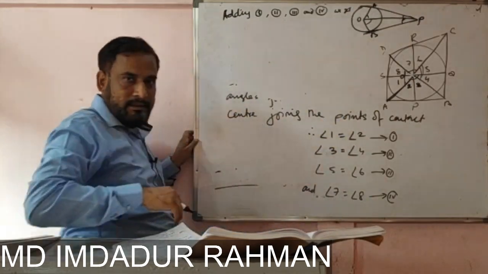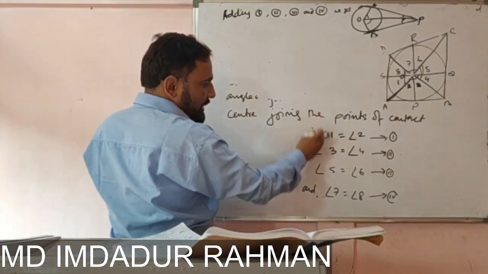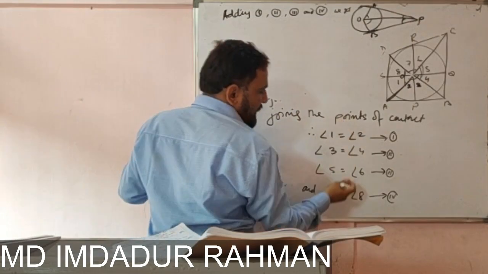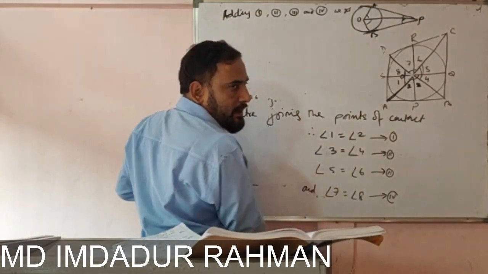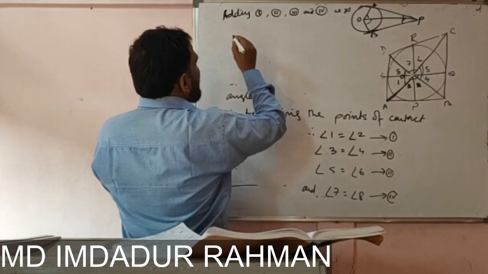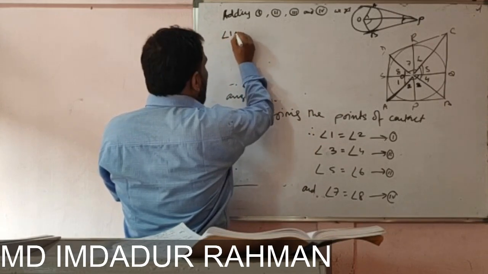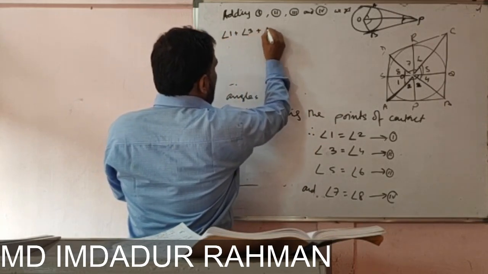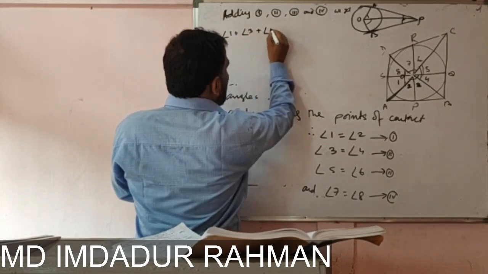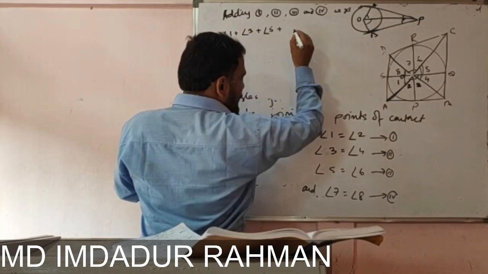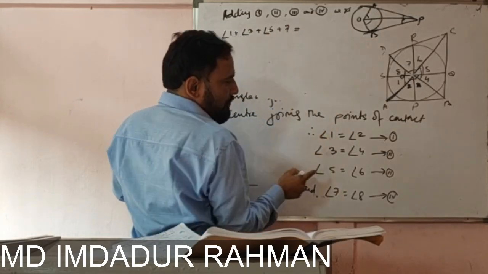what do we get? Simply add the left sides and give equal to, and then add all the right sides. Angle 1 plus angle 3 plus angle 5 plus angle 7 is equal to what?